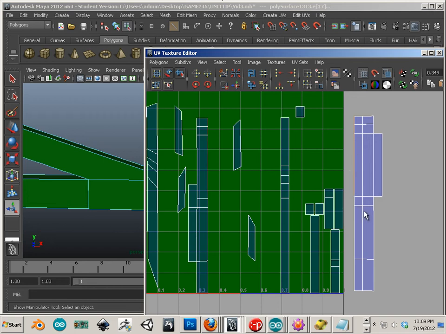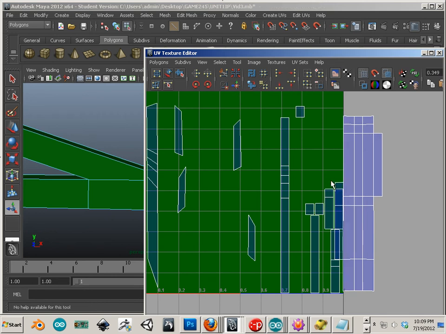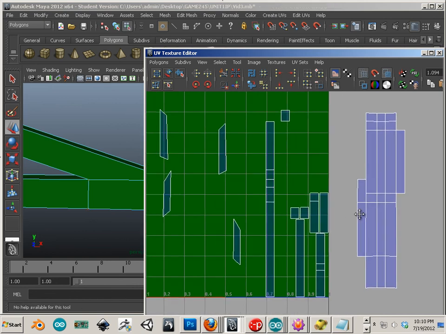In this case, I can attach these all the way down and make one big shell. Good. And no overlap. Good.